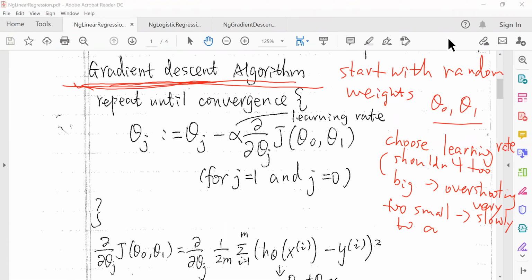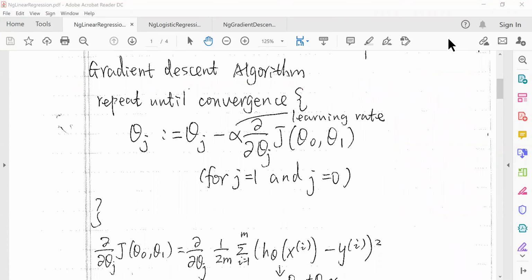Converge means you reach this point, but because it's too slow, it will take a lot of iterations to reach this bottom point, that optimum point. So that's also not ideal. So you need to choose a good learning rate.